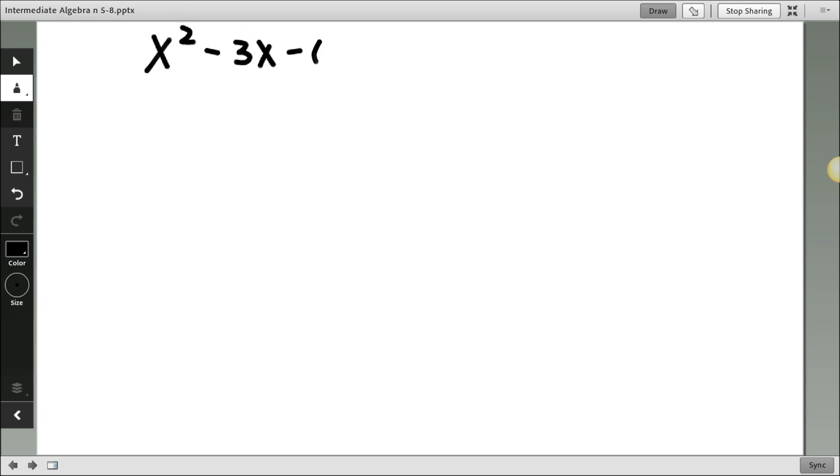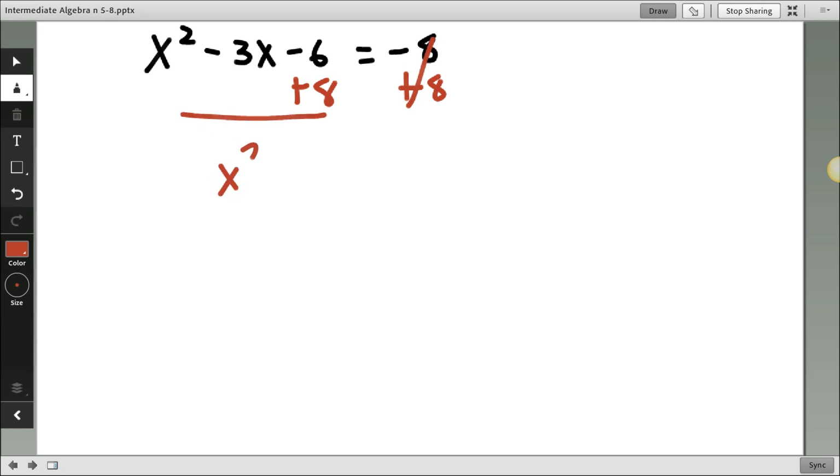So I'm going to add 8 to each side. And then we're going to factor to solve in this one.